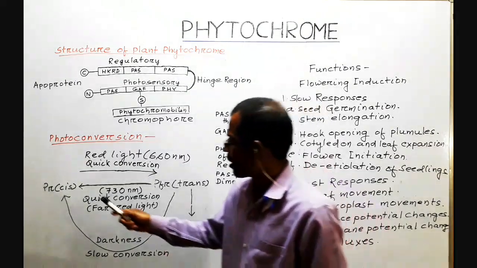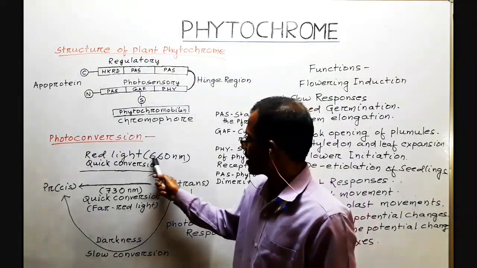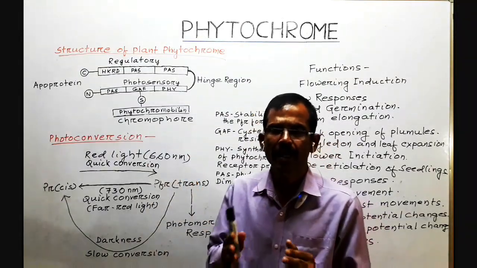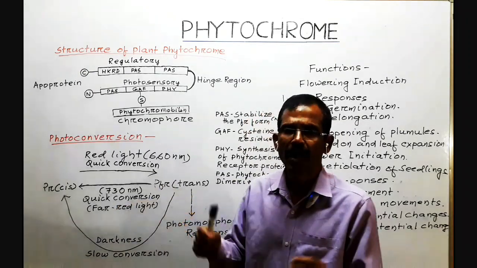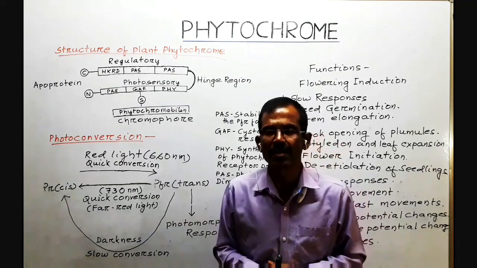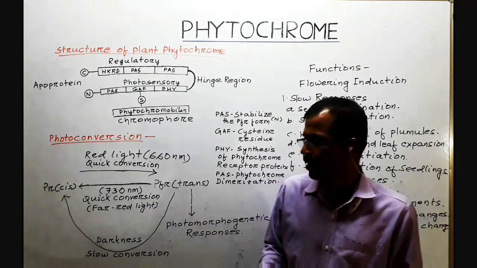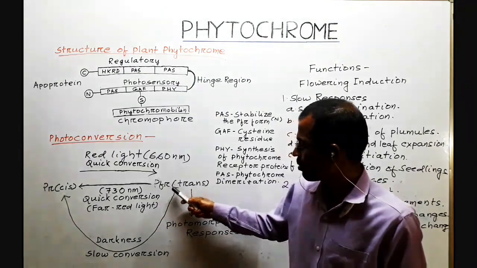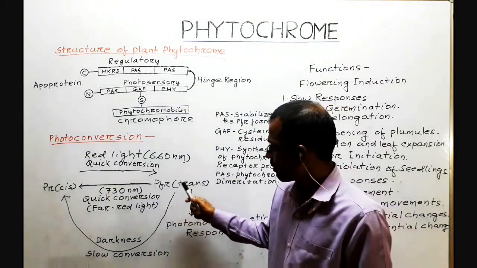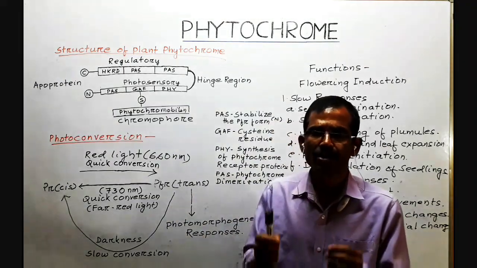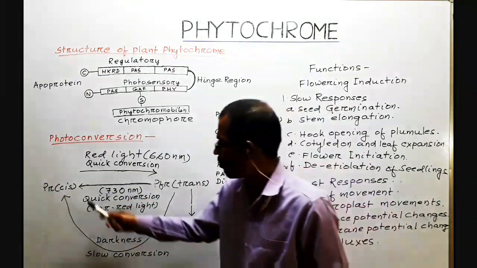The Pr form absorbs red light strongly at 660 nanometer and undergoes quick conversion to form Pfr, which is biologically active and induces morphogenetic responses in plants. Similarly, the Pfr form is also converted into Pr. Pfr absorbs far-red light strongly at 730 nanometer to form Pr.